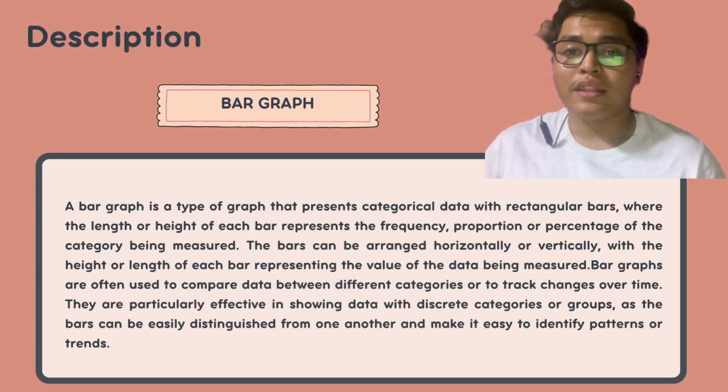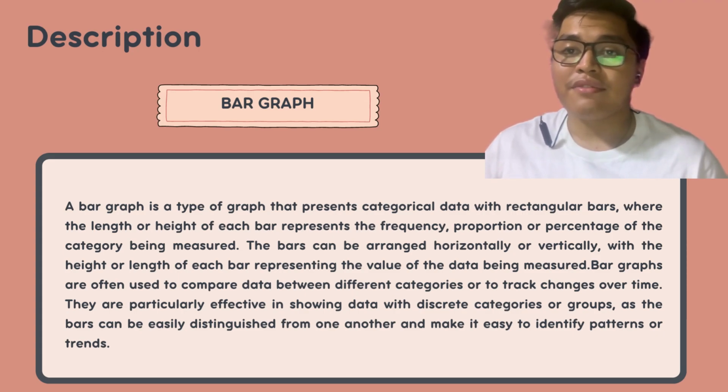Bar graphs are often used to compare data between different categories or to track changes over time. They are particularly effective in showing data with discrete categories or groups, as the bars can be easily distinguished from one another and make it easy to identify patterns or trends. Typically, the x-axis of the bar graph represents the categories being measured, while the y-axis represents the value or frequency of the data.